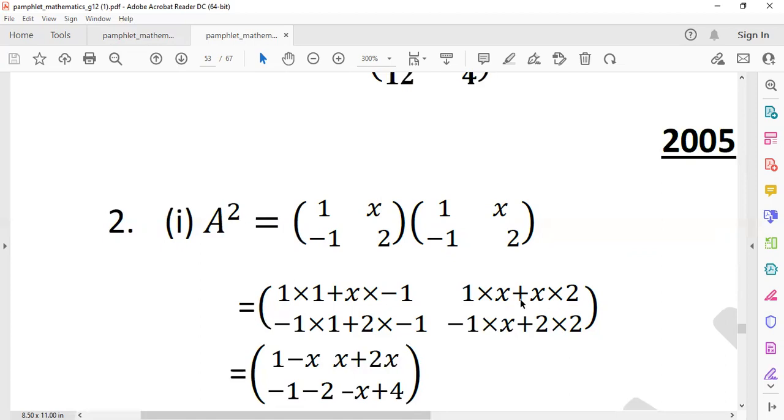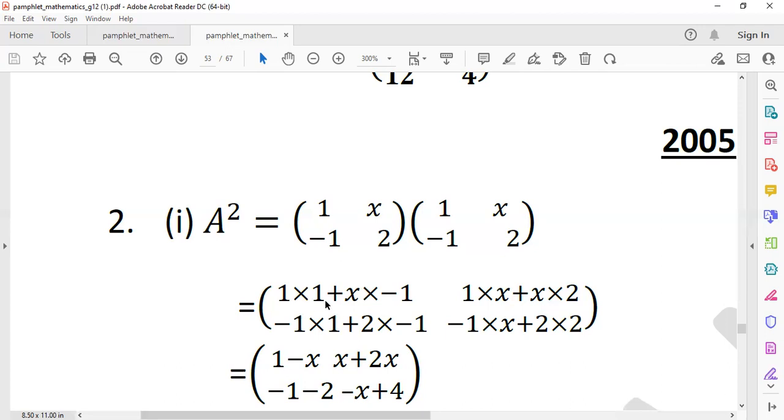That's what we have here. Down here, negative 1 by 1 plus 2 by negative 1. The next one, negative 1 by x plus 2 by 2.